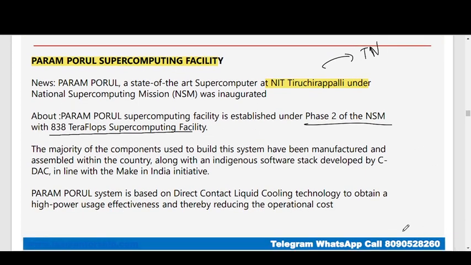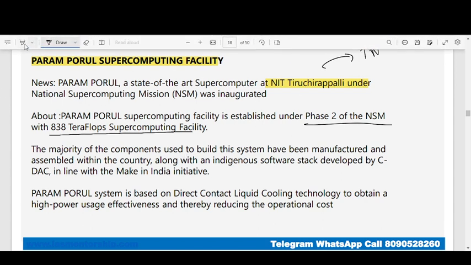Imagine, okay, 838 teraflops. And the majority of the components used in this computing facility have been manufactured in India only, within the country, along with an indigenous software stack developed by CDAC under the Make in India initiative. Clear?